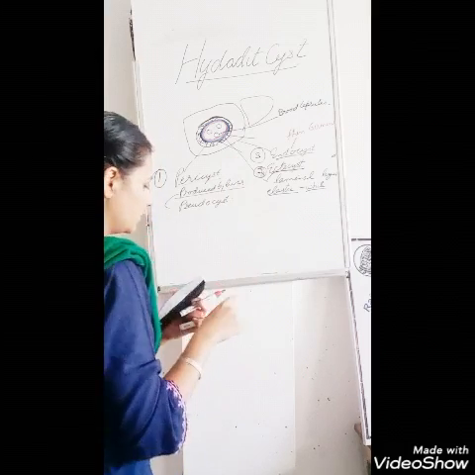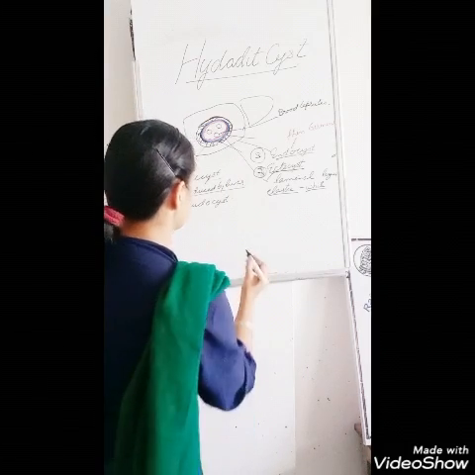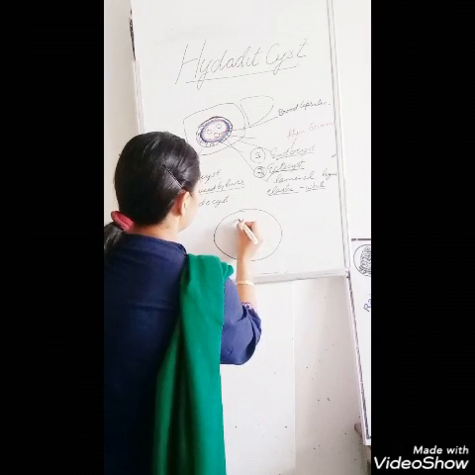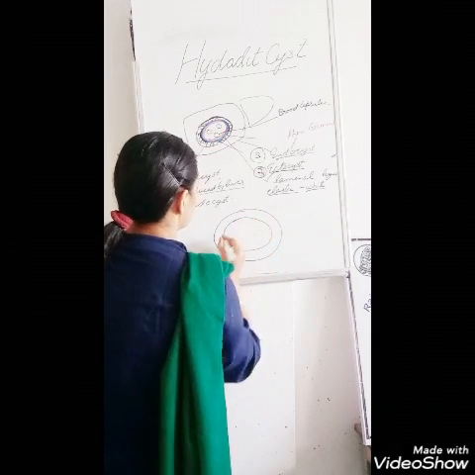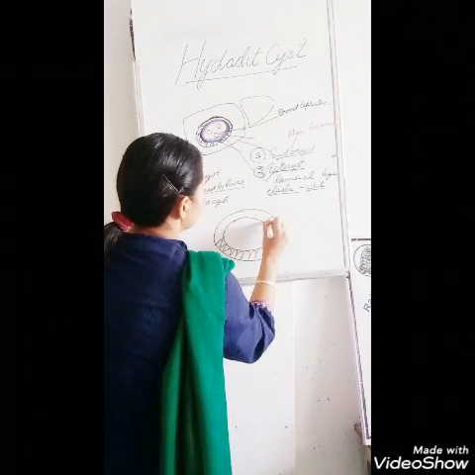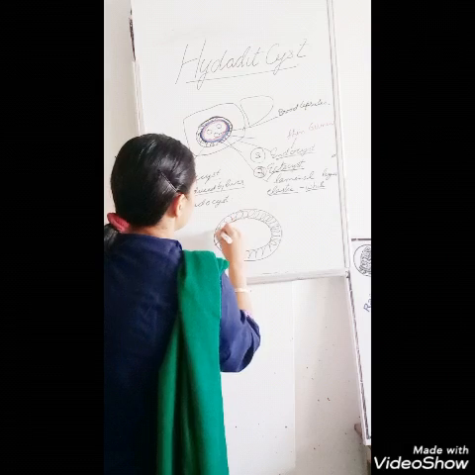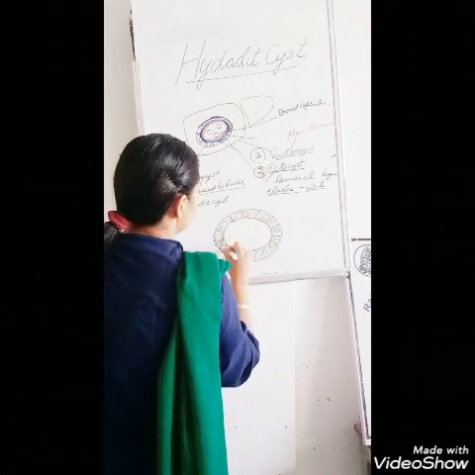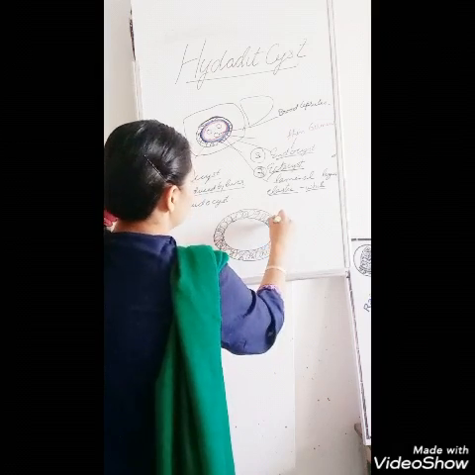I will draw in the larger area. The outermost layer is the thick fibrous layer produced from the liver in reaction to the hexacanth embryo.